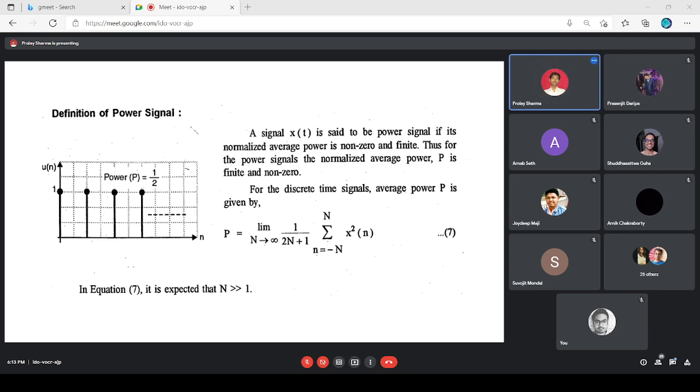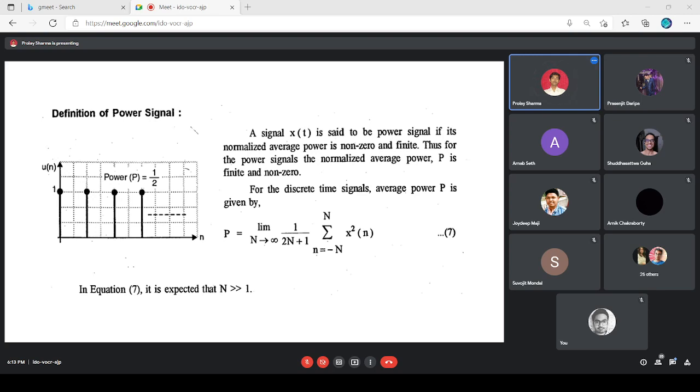Definite value means less than infinity. So x(t) signal is said to be a power signal if the normalized average power is non-zero and finite. Thus for the power signal, the normalized average power P is finite and non-zero.